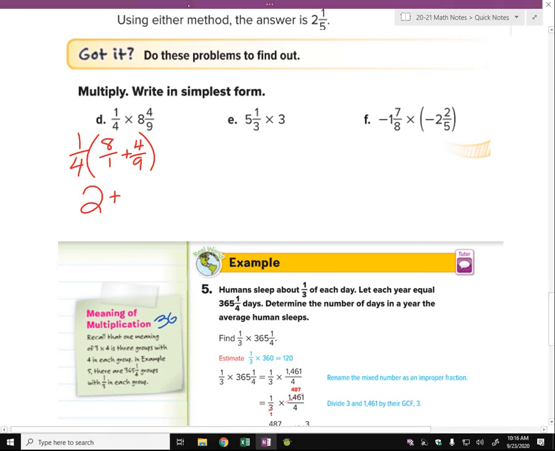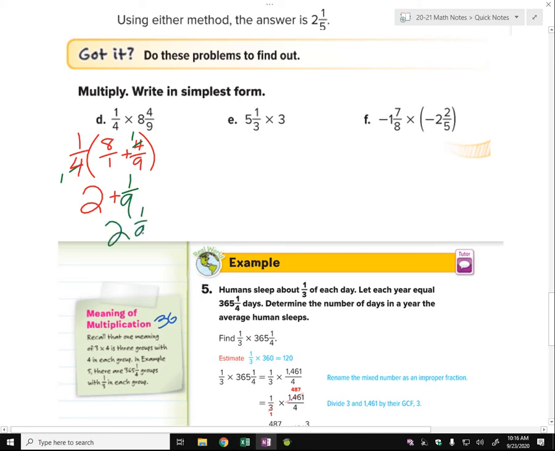I have a common factor, so I can reduce even before we start. And 1/9. So the answer is 2 1/9. I used reduction and mental math to remember that if I have 1/4 of 8, it's going to be 2.